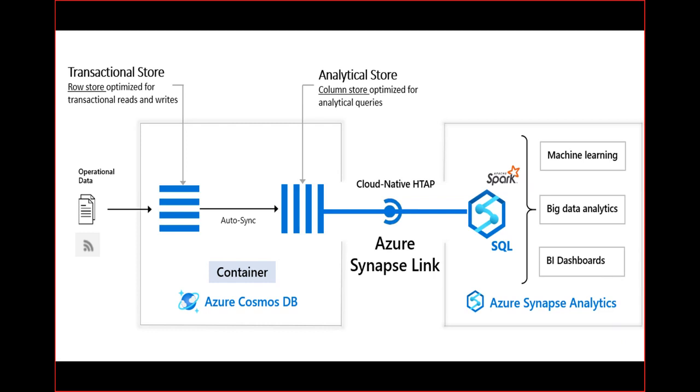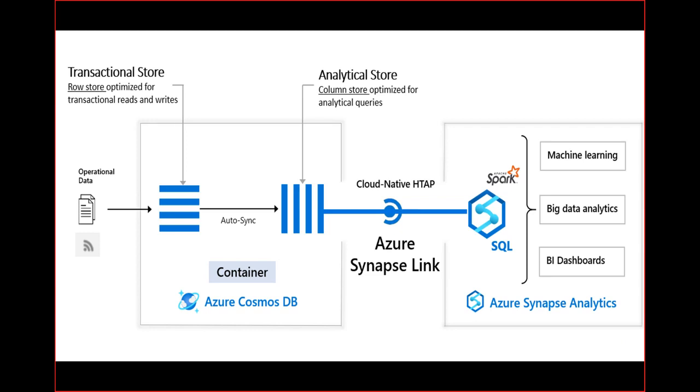You have all of your operational data going into a transactional store. The container that you create, you have to flag as an analytical store, and there's a way to do that in code, which I'm going to show you.